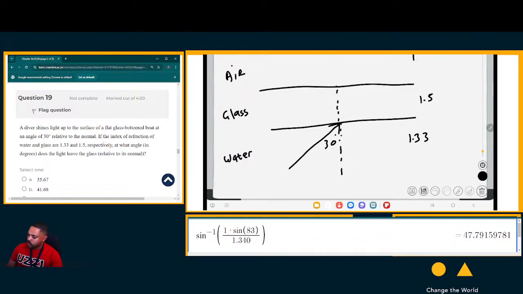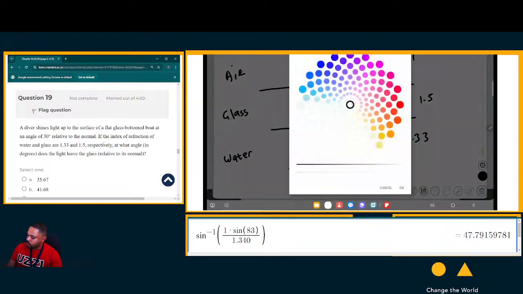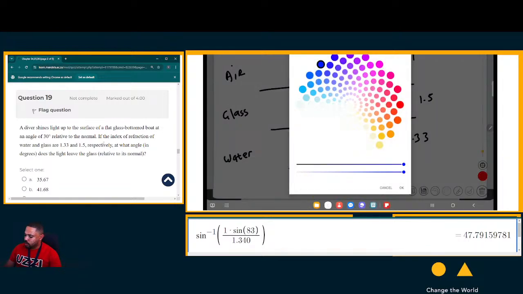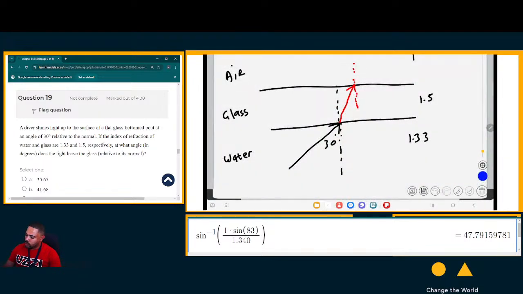Once it's in glass, it bends towards the normal. Then it'll bend again, and we want this angle here, theta refracted.